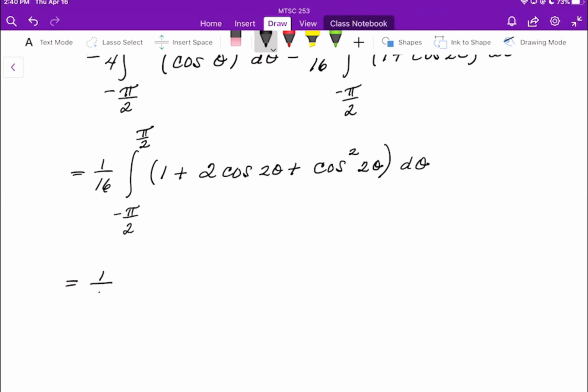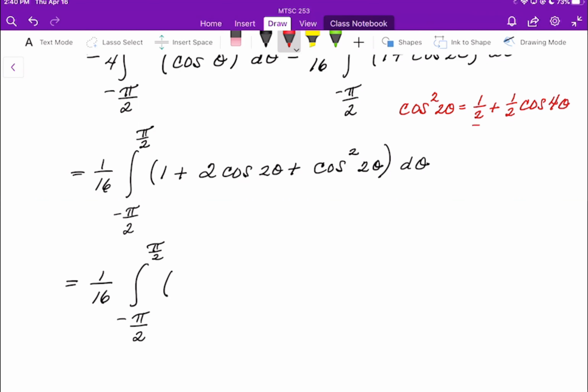So I get 1/16, the integral of minus pi over 2 to pi over 2. So now this cosine squared of 2 theta is 1/2 plus 1/2 the cosine of 4 theta.